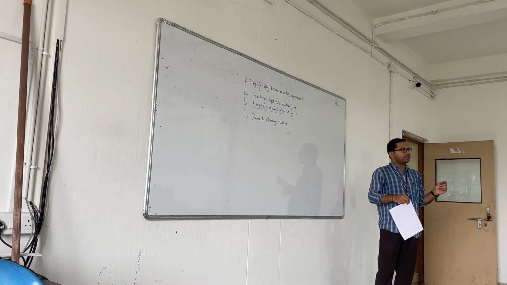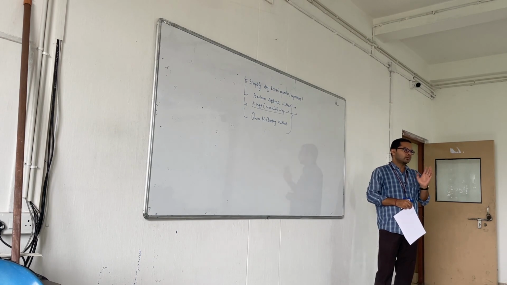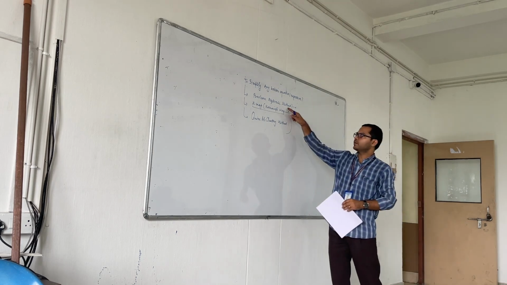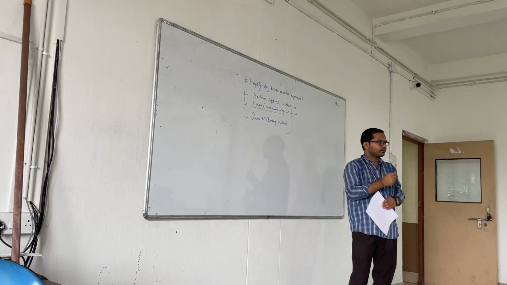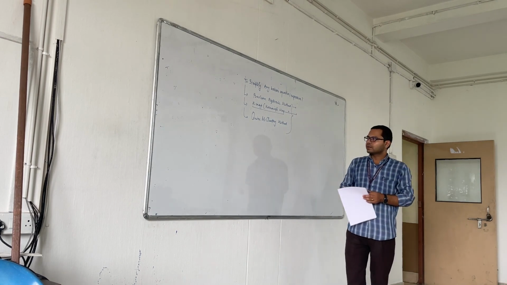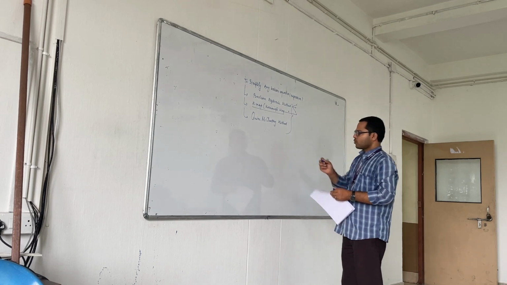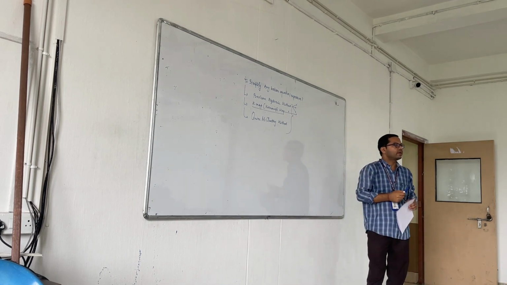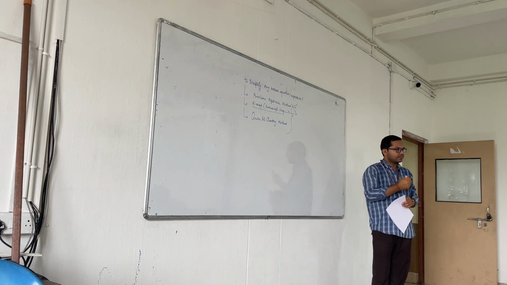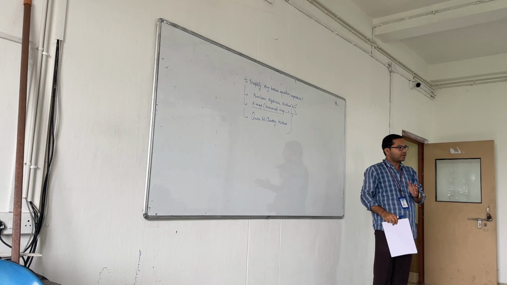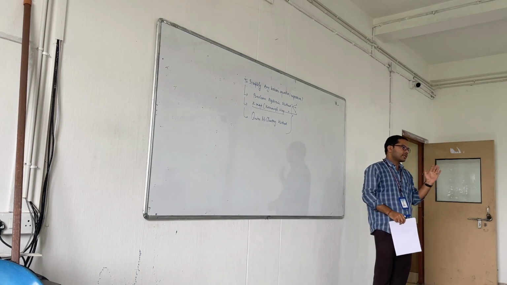Boolean algebraic method is usable for variables up to 4 or even 5, right? But with more than 5, if you use the Boolean algebraic method, then it will take more time. That is the disadvantage. The advantage is that up to 2 variables or even 3 variables, it will take very less time.